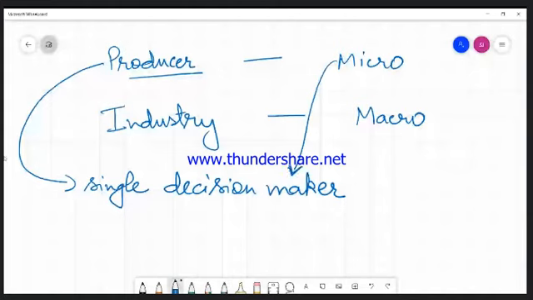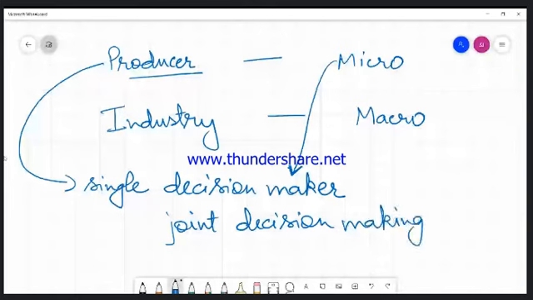But once you club the decisions of two individual units together or many individual units together, so if you are studying the joint decision making of units, then you are talking about macro.